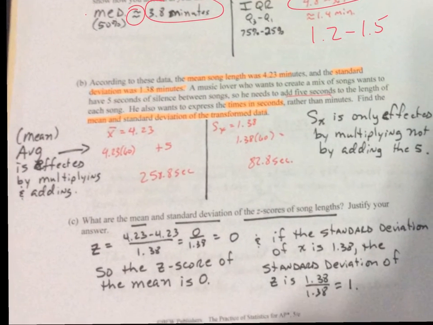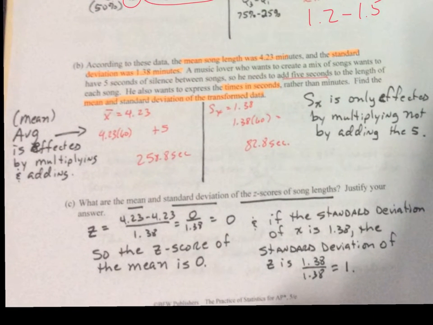Now, on question B, it says, according to the data, basically what it's asking you to do in this case, it gives you the mean, the average here, and then the standard deviation here. Well, what it's asking you to do is add 5 seconds to the end of each song. Then it wants you to convert it to seconds.